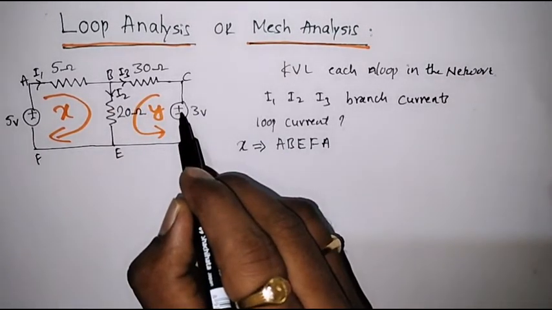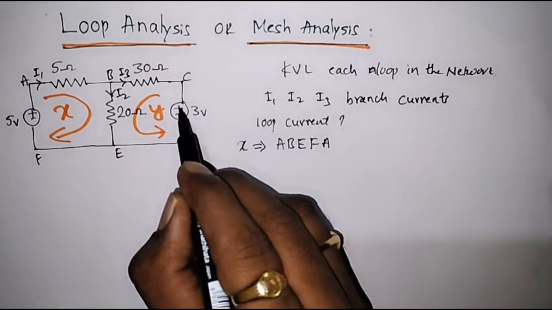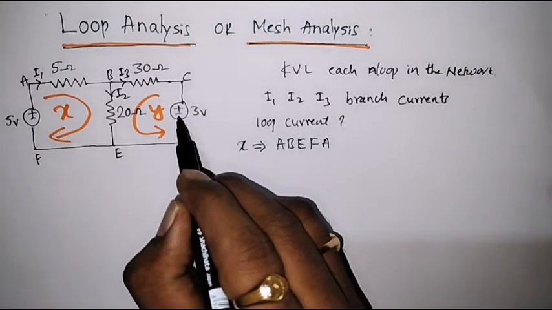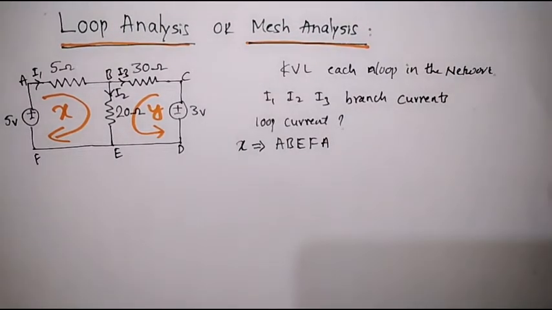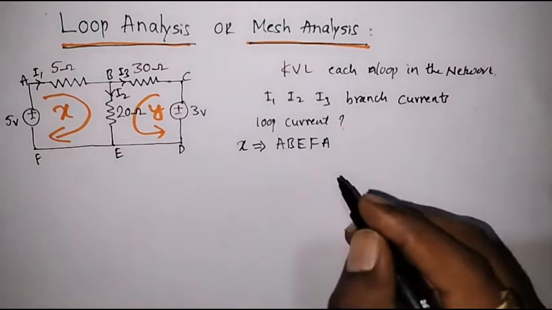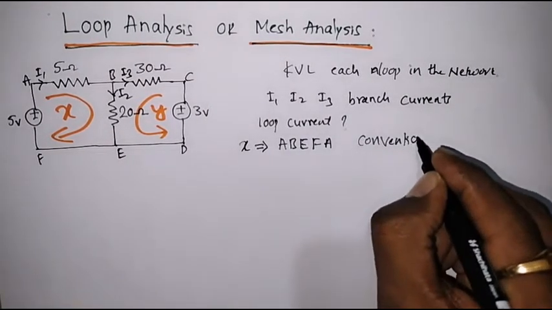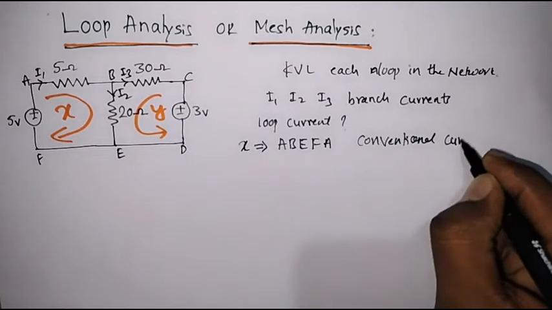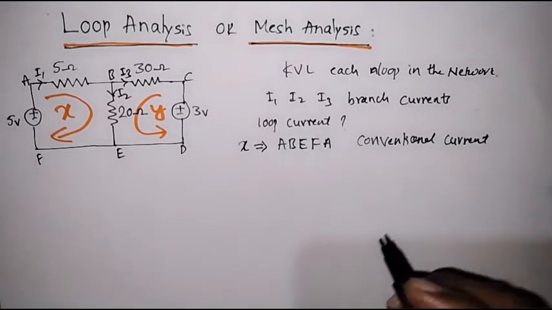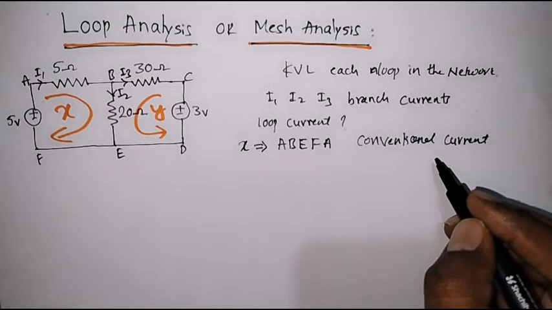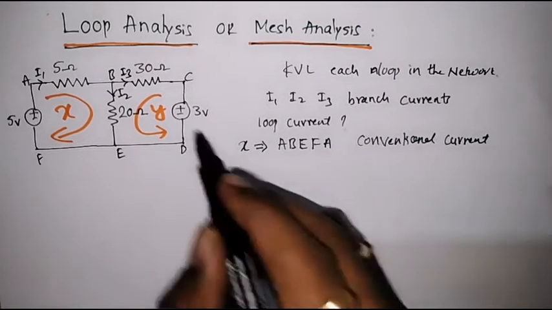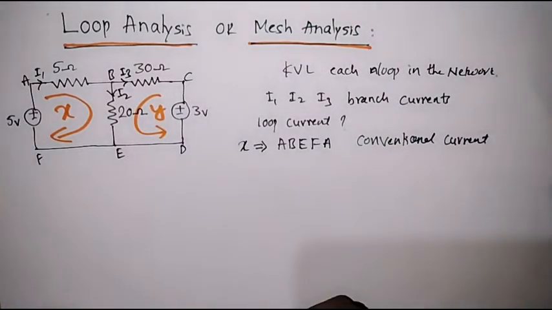Look at the polarity of this voltage source. Here is the plus sign, here is the minus sign. We'll always consider a conventional current. Conventional current is the one in which we assume that current flows from positive to negative terminal.